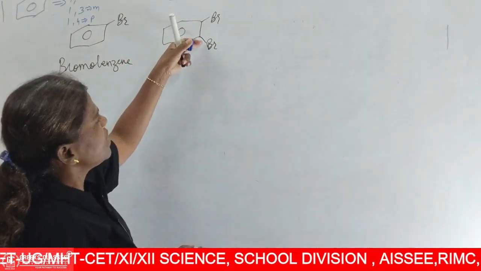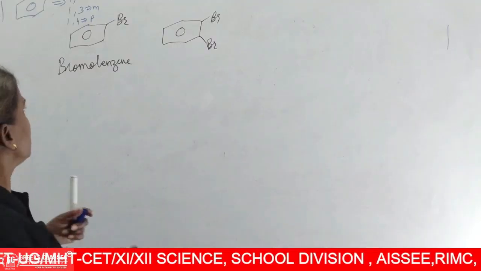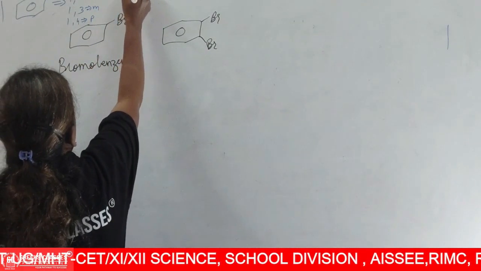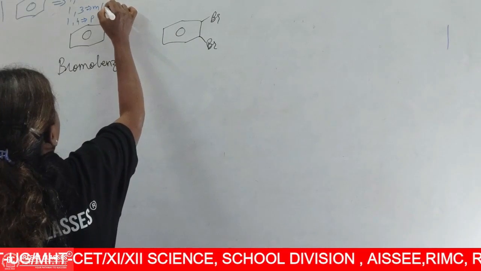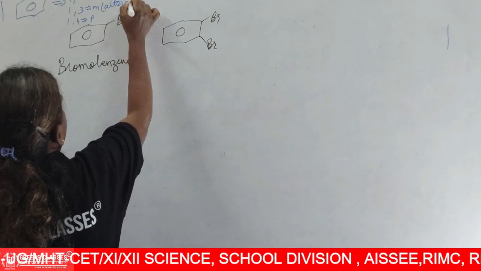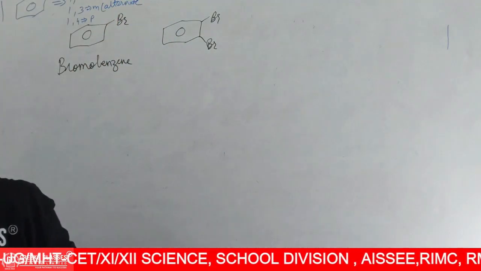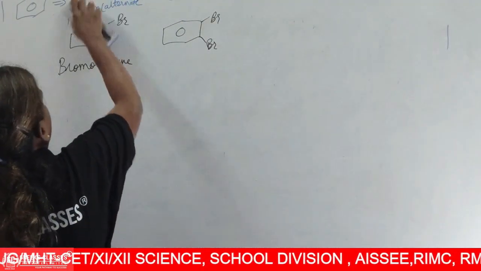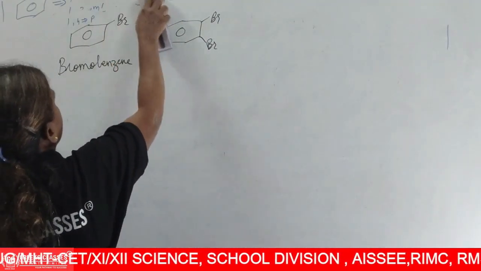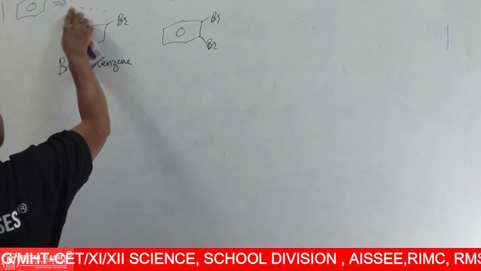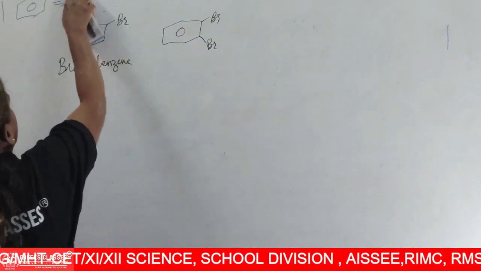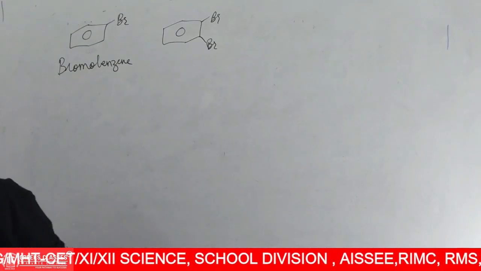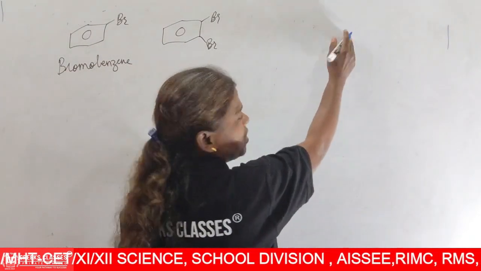Over here bromine is attached to adjacent carbon, that means ortho will always be adjacent. Meta is alternate. Oh, it is not visible. I will write here, I will rewrite, don't worry, we will have a thorough revision. Hope it is visible to you.